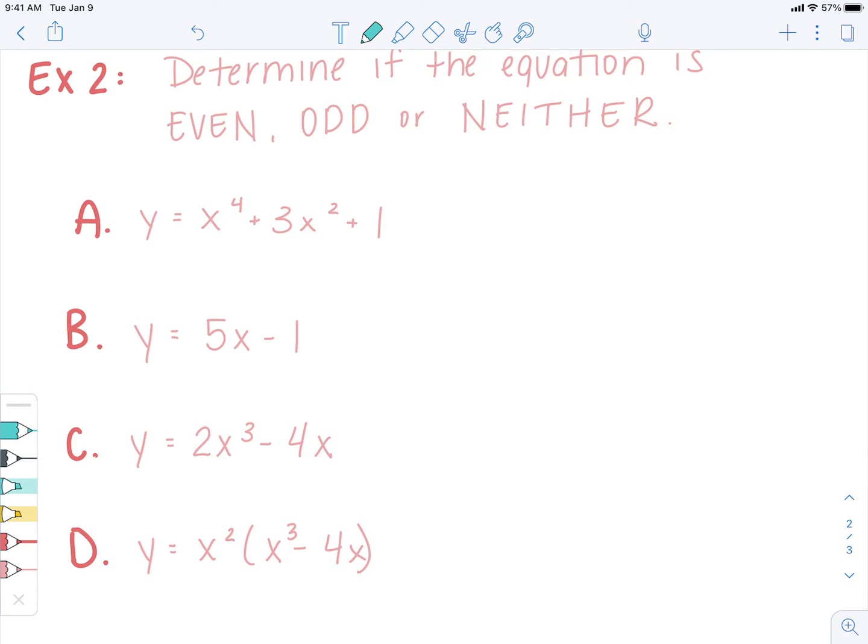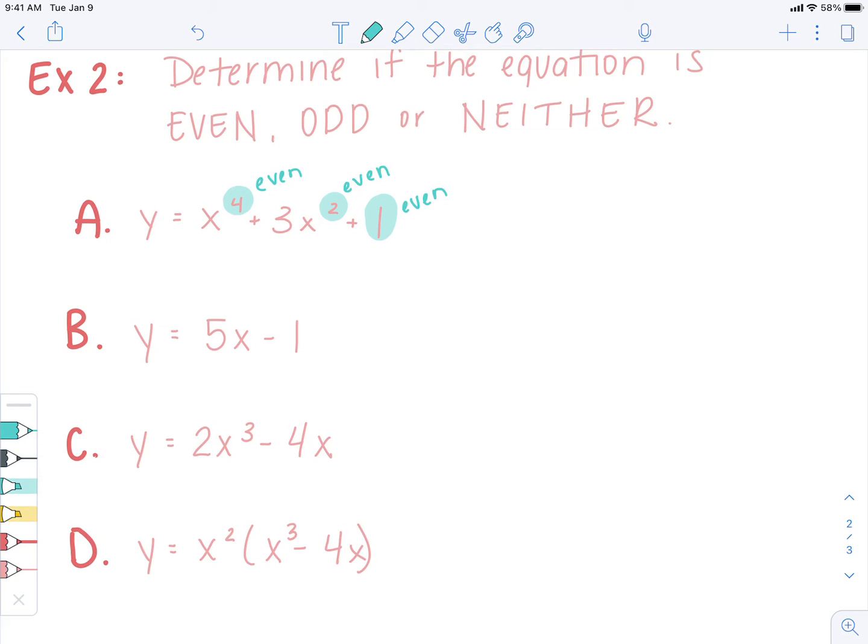So I don't care about the coefficients. I only care about my exponents and my constants. So I want to look and say, okay, I've got a 4, a 2, and a constant. 4 is even. 2 is even, and a constant is considered even.